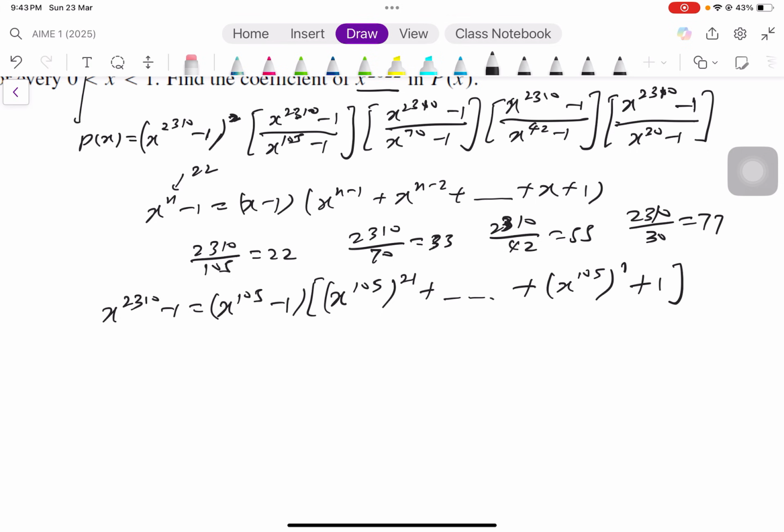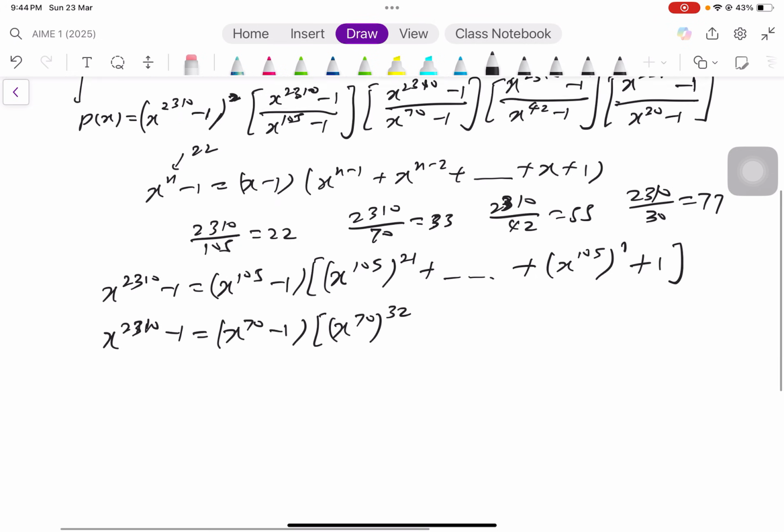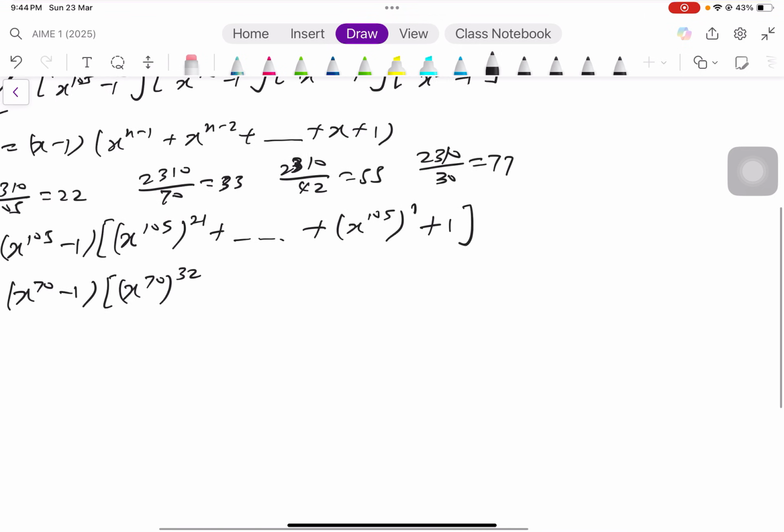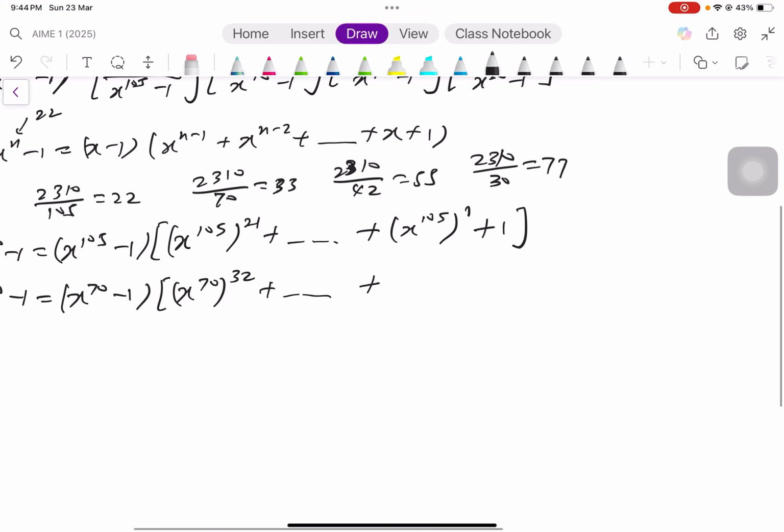For the second bracket, x^2310 - 1 is (x^70 - 1) times x^70 raised to the power of 32, and so on, down to x^70 to the power of 1, plus 1.